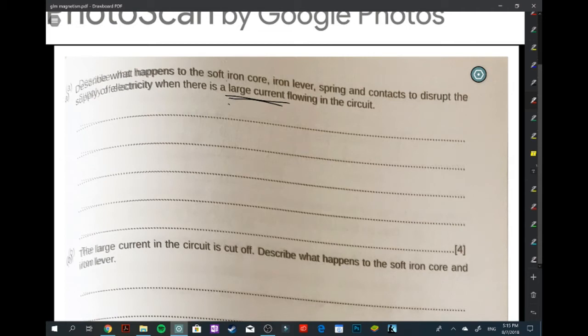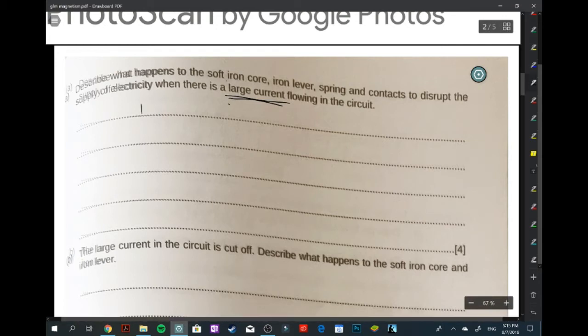So I'm just going to write in point form, and I think you can phrase your answer from there. First thing first, we have to mention that the soft iron core will be magnetized, or a better word is actually not magnetized but induced to be an electromagnet.